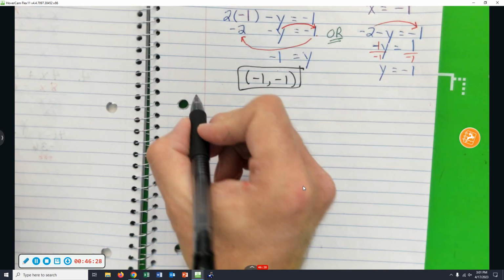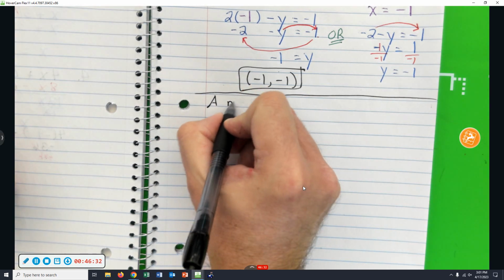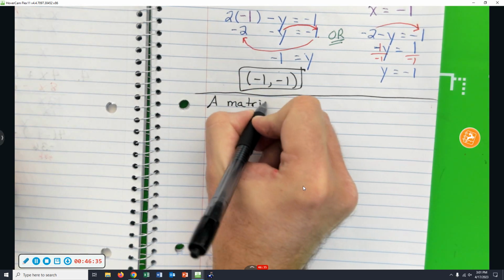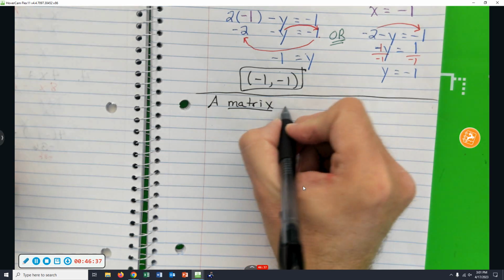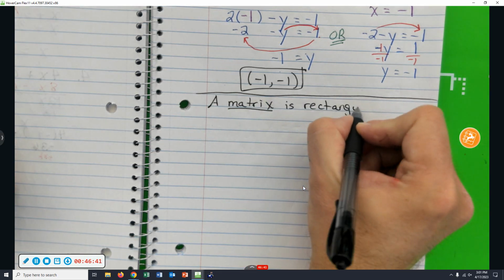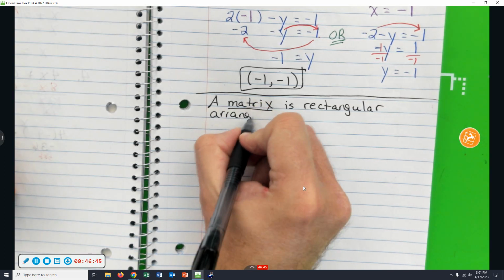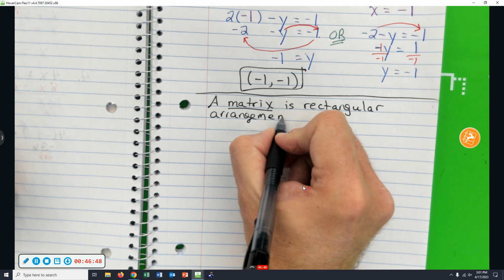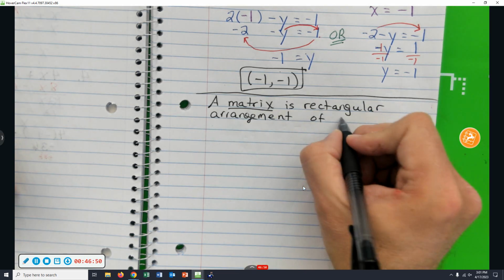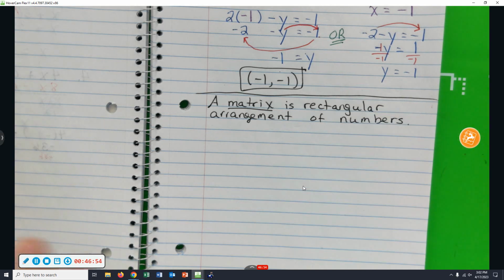In algebra, a matrix is a rectangular arrangement of numbers. Just a rectangular arrangement of numbers. So if you have numbers arranged in a rectangle, we call that a matrix.